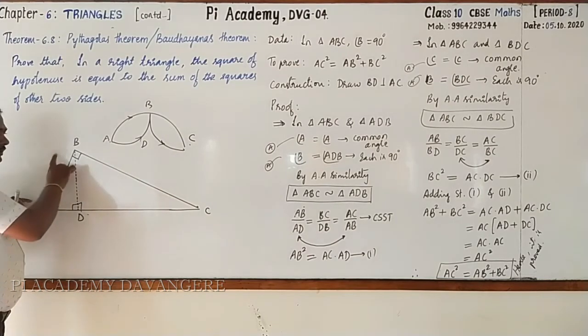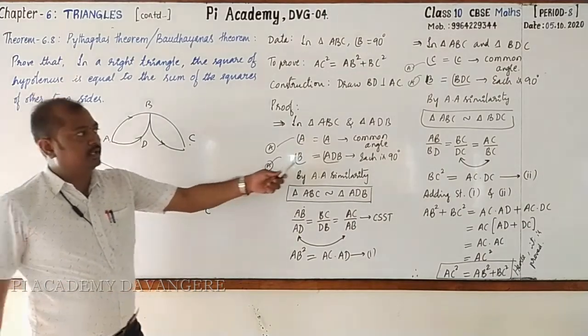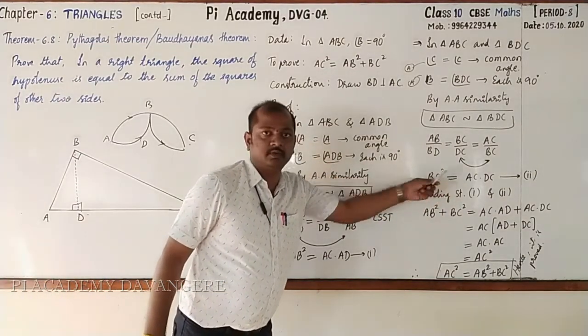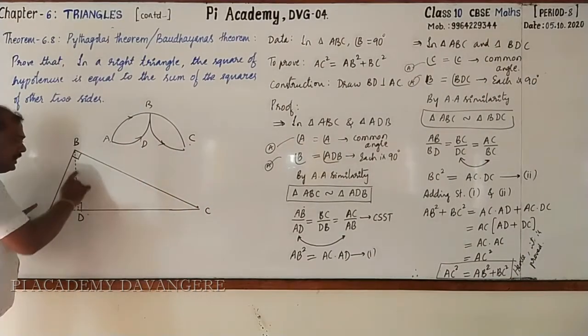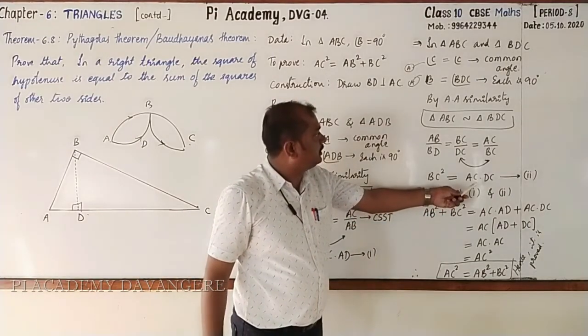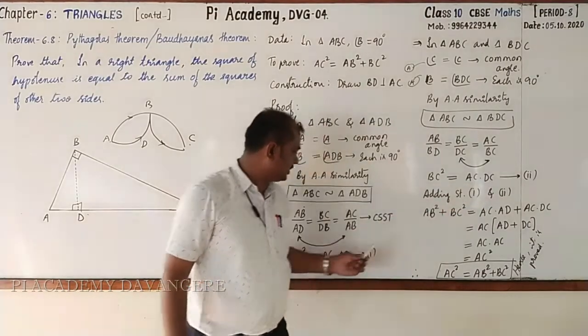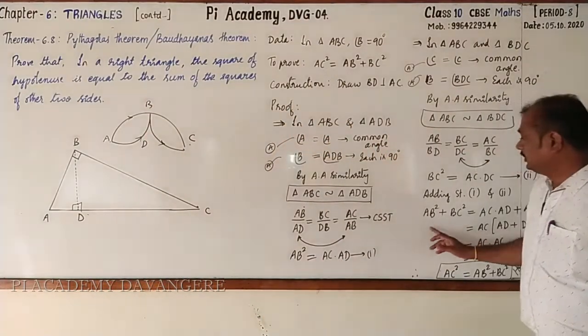Then after that, you will go for proving the triangle ABC similar to ADB. You will get the first statement. Next, you will take the triangle ABC and BDC and you will write the second statement. And after that, you will add them.